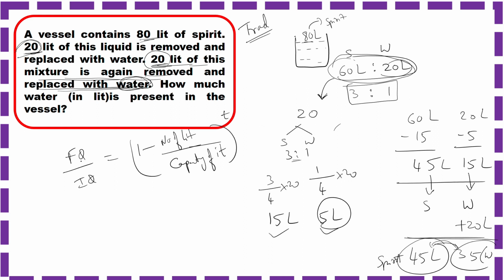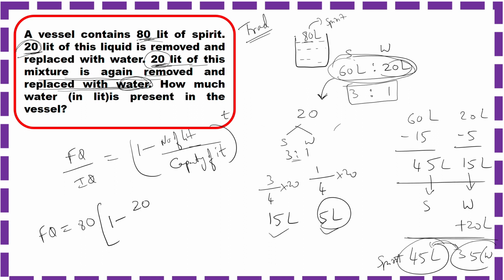Here we have to calculate the final quantity. Initial quantity we will take to the other side. So the initial quantity is 80, so 80 liters of spirit, into 1 minus the number of liters replaced.